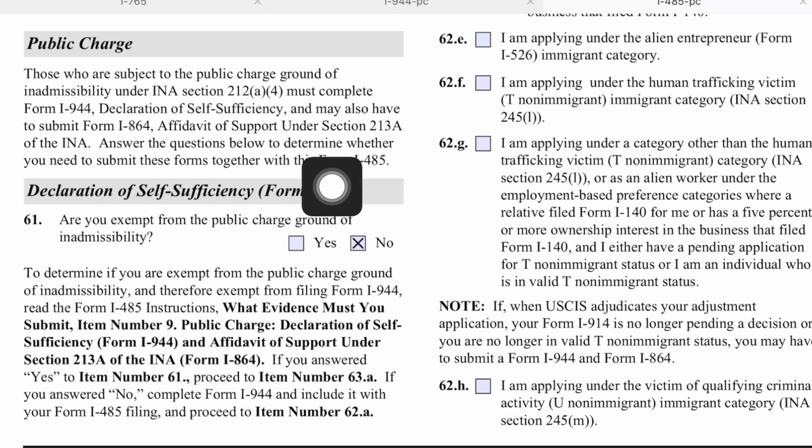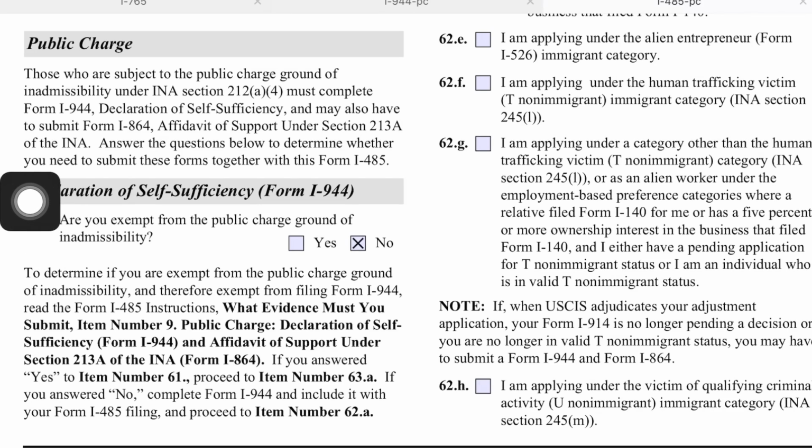Answer the questions below to determine whether you need to submit these forms together with the Form I-485. So we are K1 visa holders filing for the adjustment of status, and we are required to file the new Form I-944, the Declaration of Self-Sufficiency. That is the additional form that we need to file together with the adjustment of status.